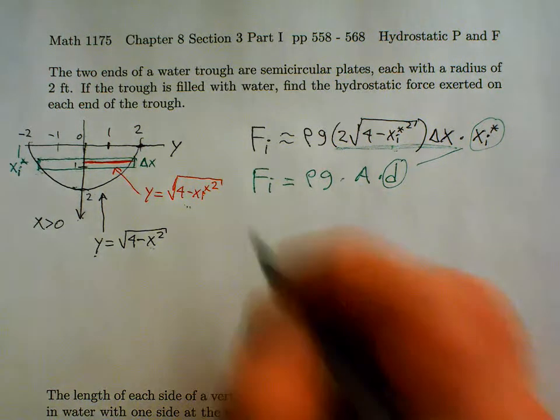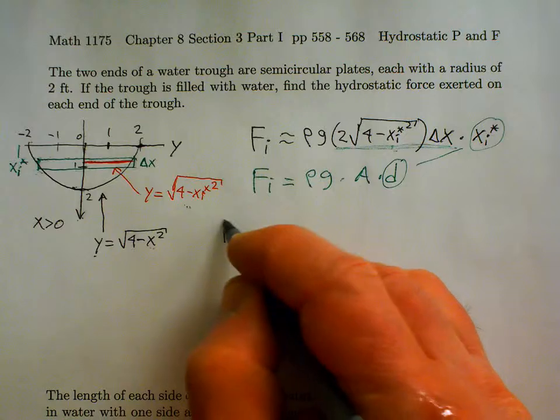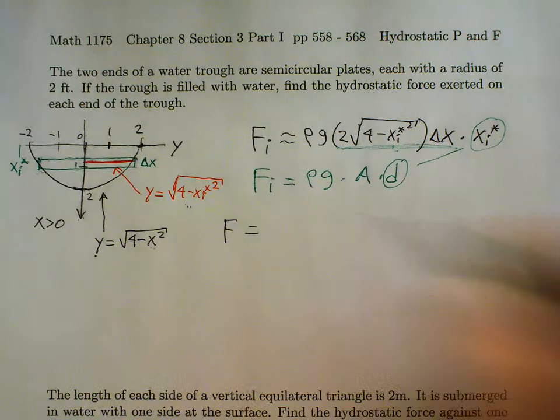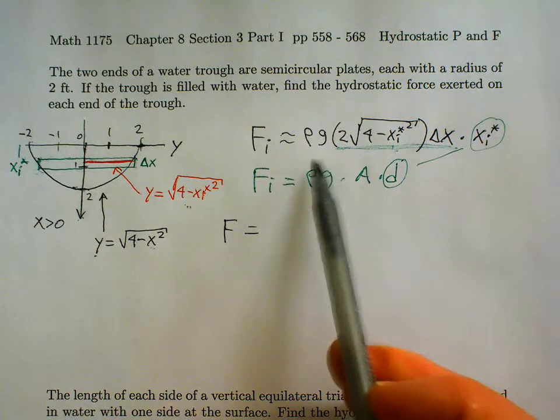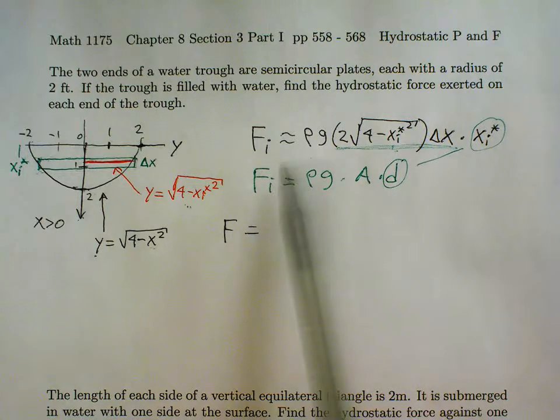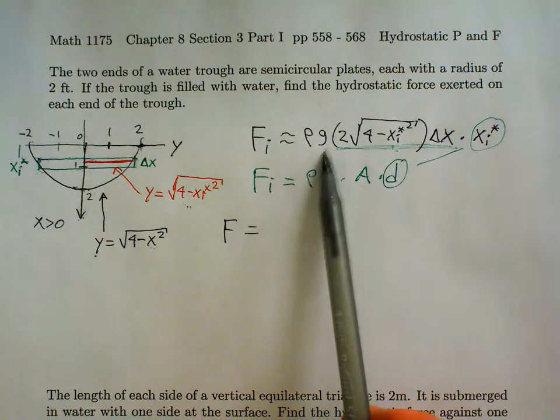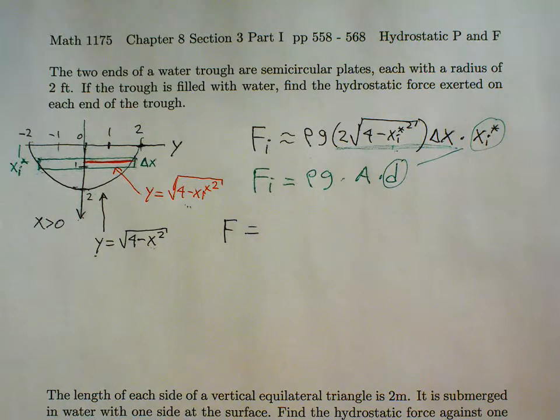Okay, so we can write the definite integral. Let's see, x is measured in feet, so rho times g will be 62.5 pounds per cubic foot.